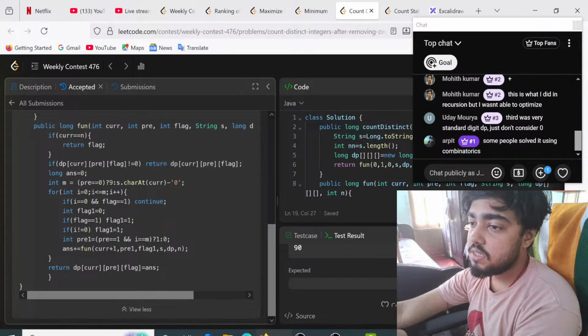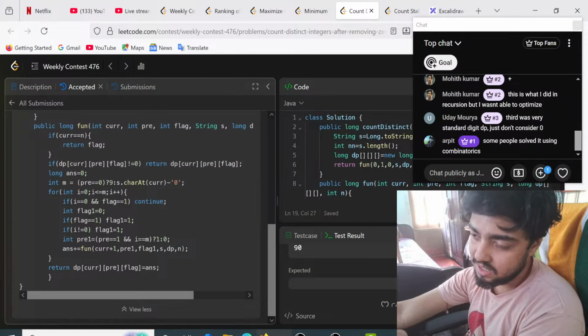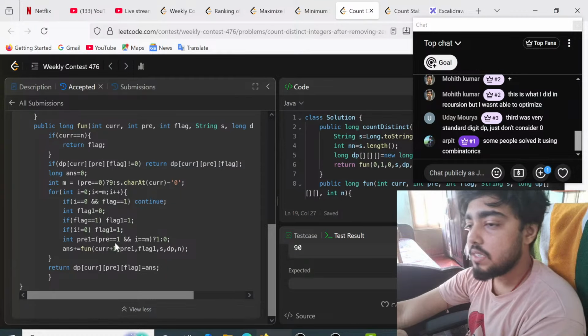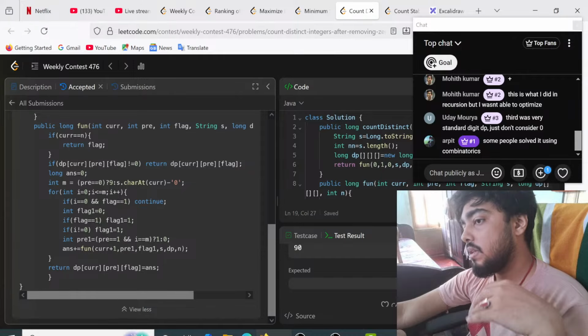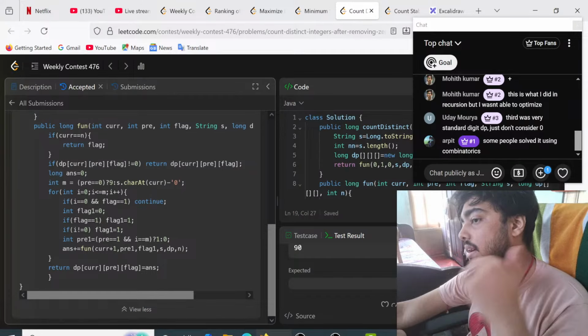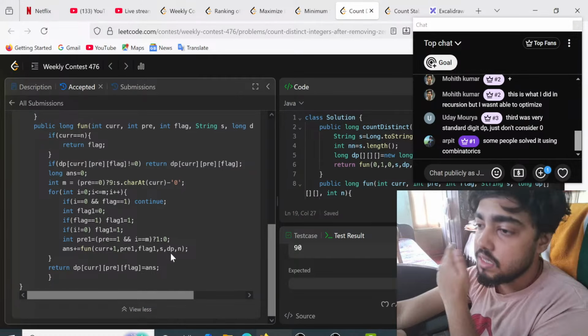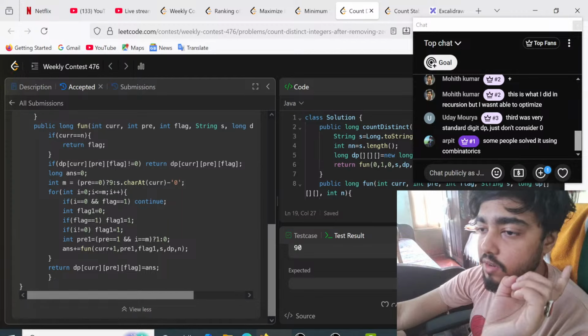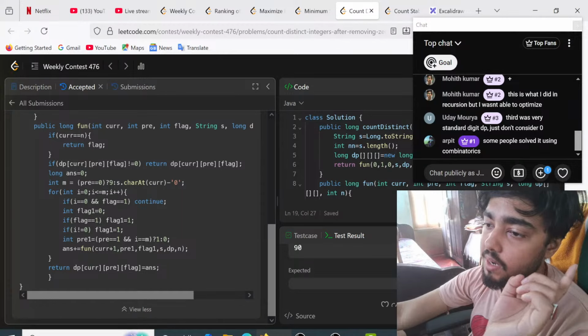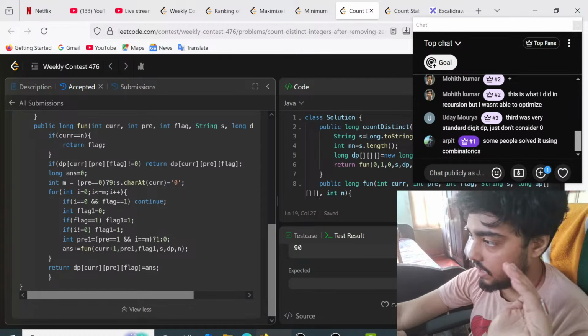Answer plus is equal to the recursive function of current plus 1, that is the next element, the new pre, the new flag, S remains the same, DP remains the same, N remains the same. We have to return answer is equal to DP of current pre flag and return that. Okay.